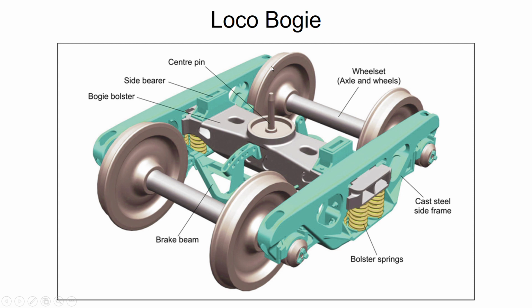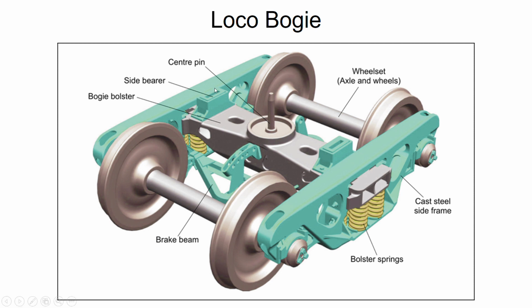This is the axle and this is the wheel, and the combination of axle and wheels is called the axle and wheel set. This is the side bearer, and this is the bogie bolster. Now the bolster spring is here, the cast steel side frame is here, and the brake beam is here. So these are the main parts of the bogie.